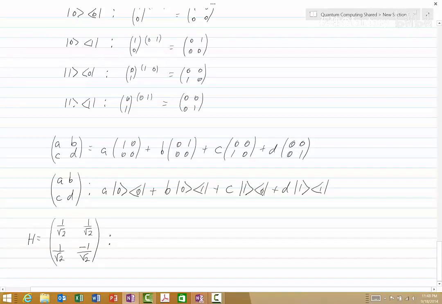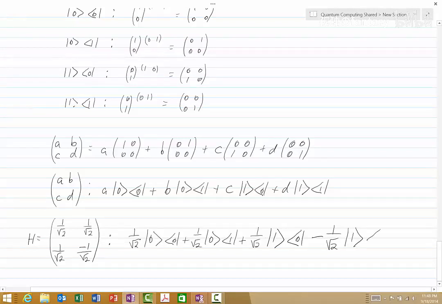Well, it will be 1 over square root of 2 |0><0| plus 1 over square root of 2 |0><1| plus 1 over square root of 2 |1><0| minus 1 over square root of 2 |1><1|.